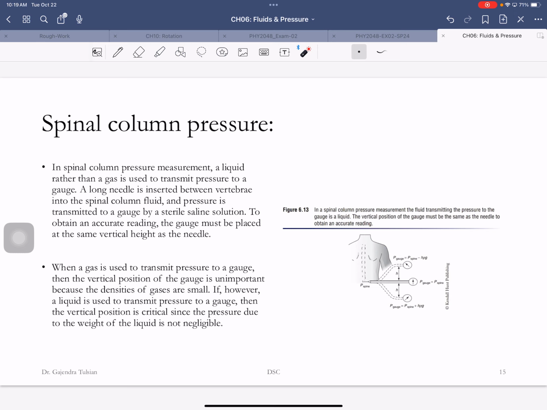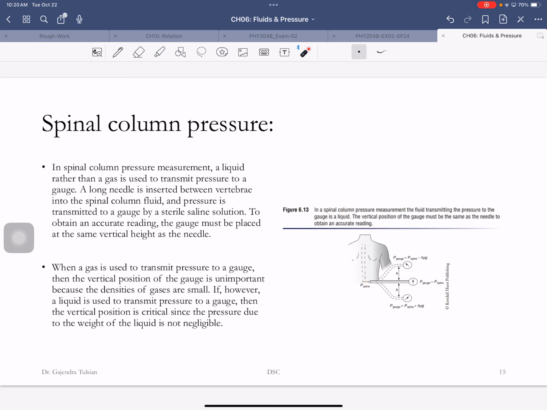Okay, spinal column pressure. There's fluid in your spinal column, and this fluid is actually connected to the fluid in your brain, so it's called the cerebrospinal fluid. To make sure that everything is flowing properly, you can measure the pressure at this point.